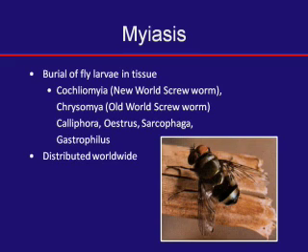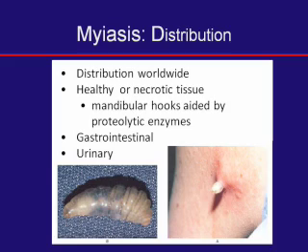But most of these cases you're going to come across, it's not necessarily unobvious what they are, especially if you've seen such a nice video. Fairly straightforward. They are distributed worldwide, and they can be in either healthy or necrotic tissue. Frequently, the larvae are laid in a wound.